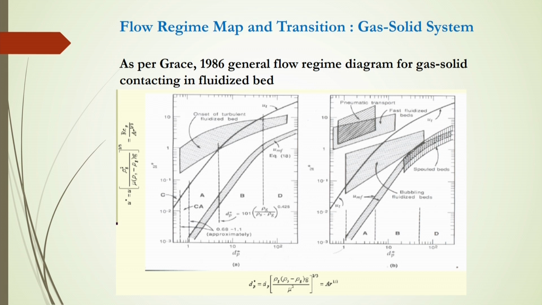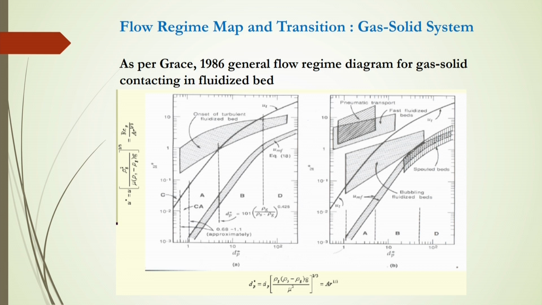Now, the flow regime map and its transition is very important here. Grace, in 1986, did a lot of experiments with different types of particles and with varying gas velocity over a wide range, of course with air.